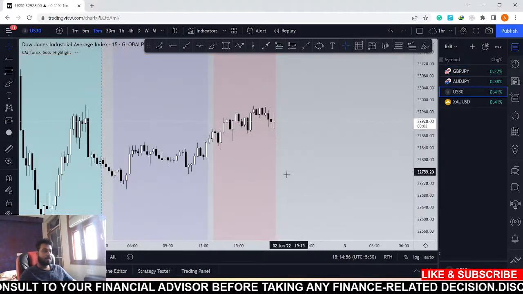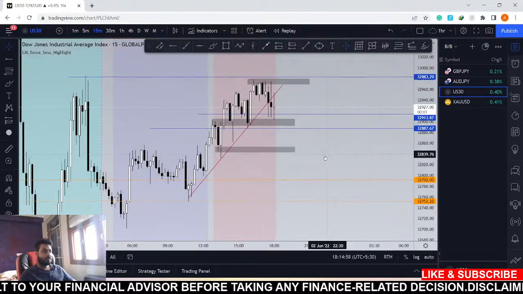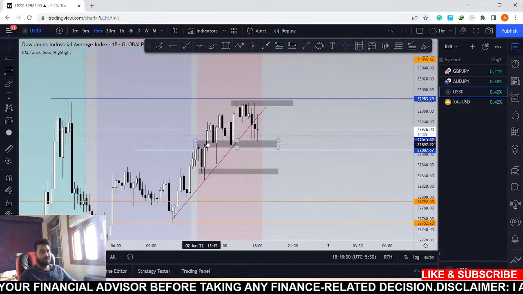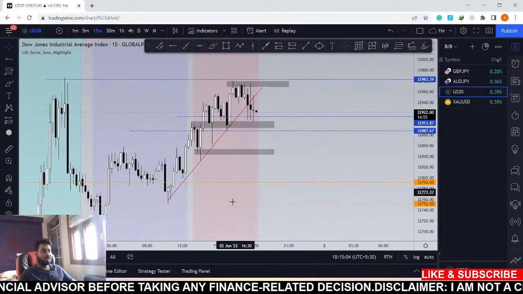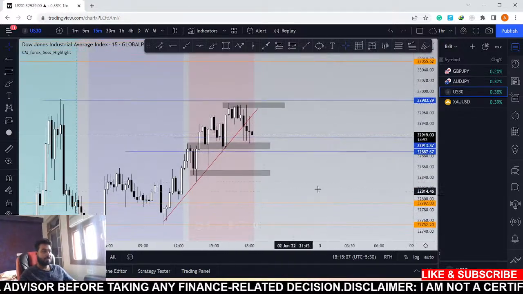Let me just mark. See these lines, these blue lines are 4 hour resistance. Those come out of zone, and these yellow lines are daily resistance.